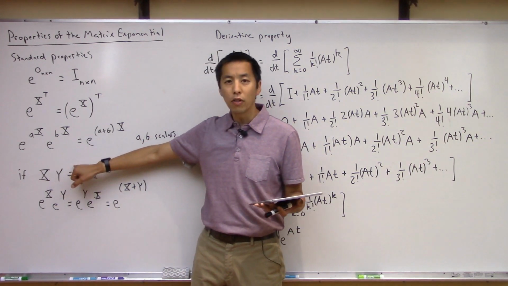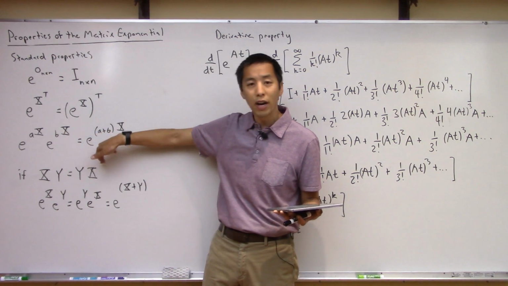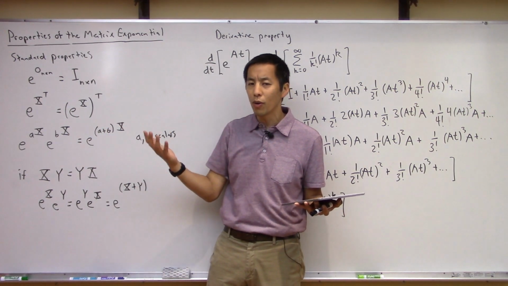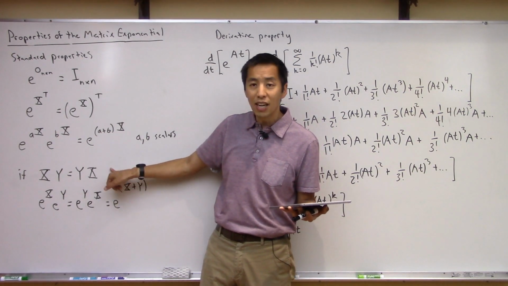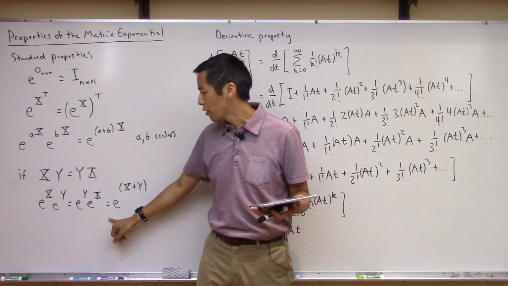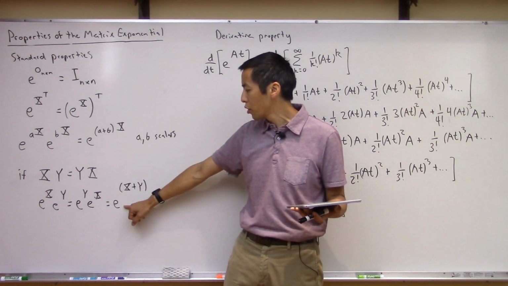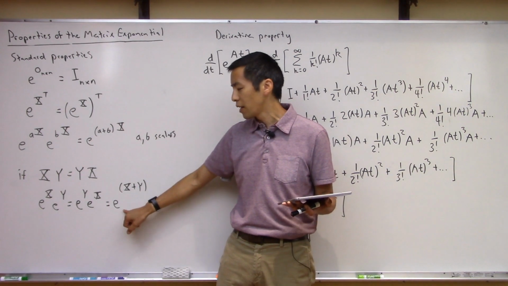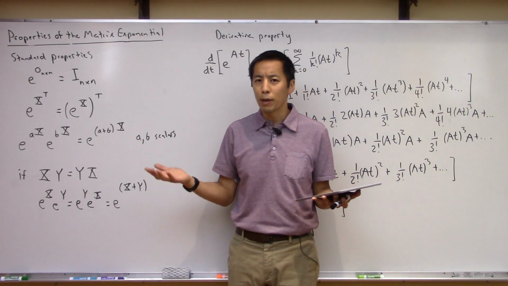If X and Y are both square matrices that commute, meaning X times Y equals Y times X, and again, that's not always the case with matrix multiplication. There are plenty of counterexamples where this doesn't hold. But if it does hold, then you can take the two matrix exponentials and flip around the order, or you could take the sum of the two matrices and then take its matrix exponential. So these are some interesting matrix exponential properties.